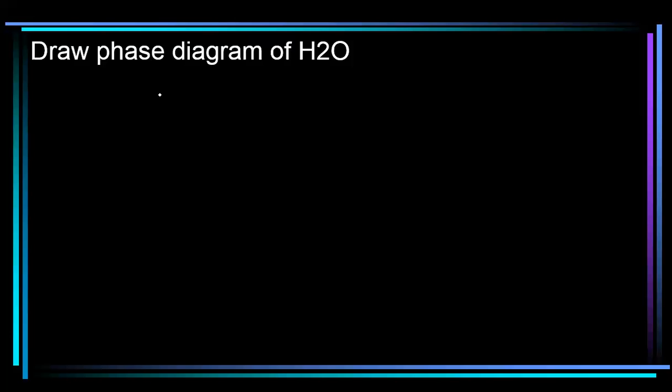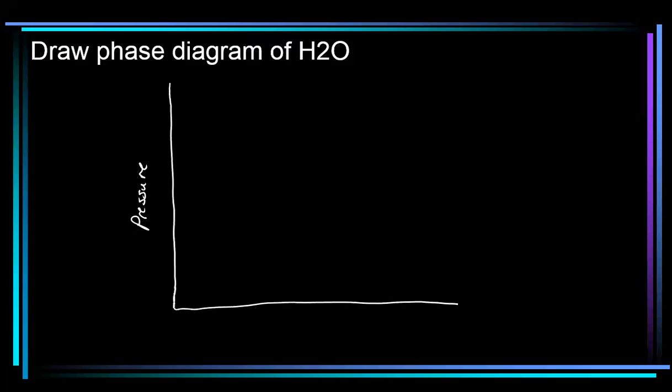Okay. I'm going to draw a phase diagram. You would be wise to draw it along with me. What's a phase diagram? You're about to see. On the y-axis, we're going to have pressure. On the x-axis, temperature.